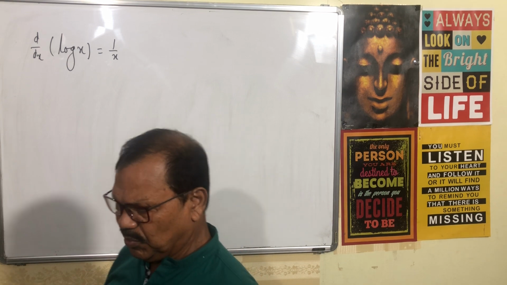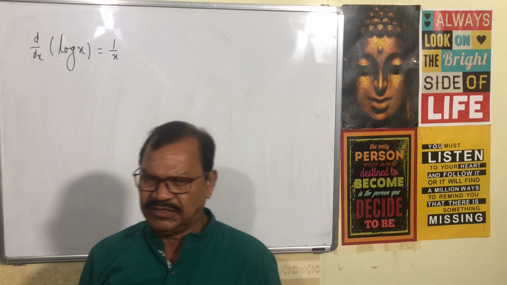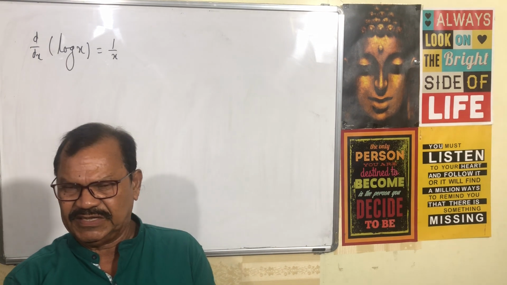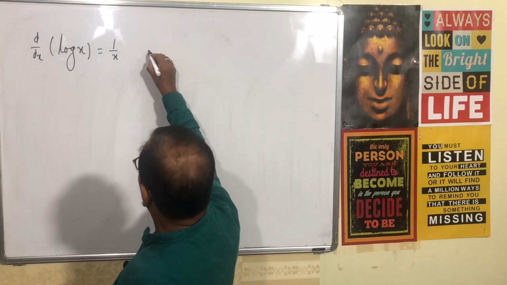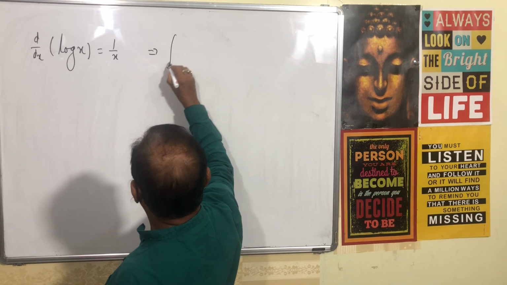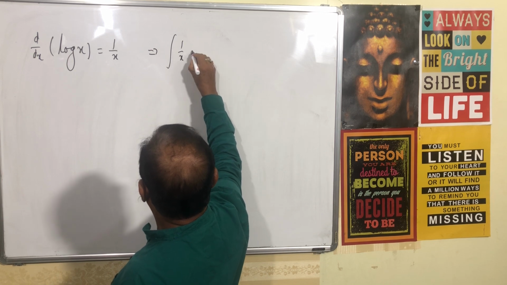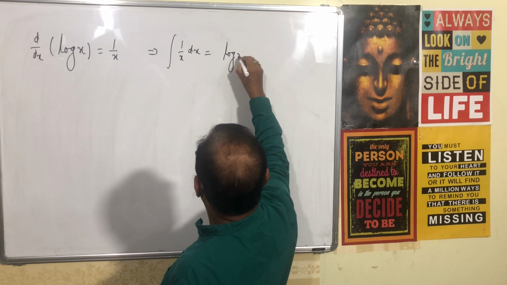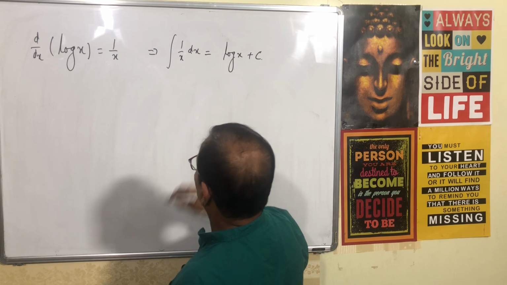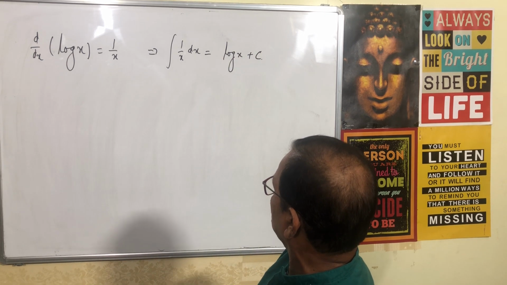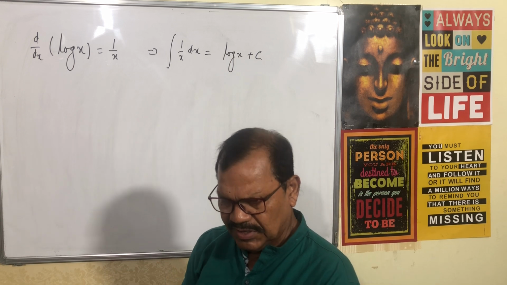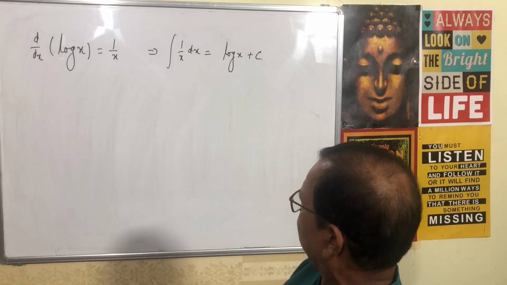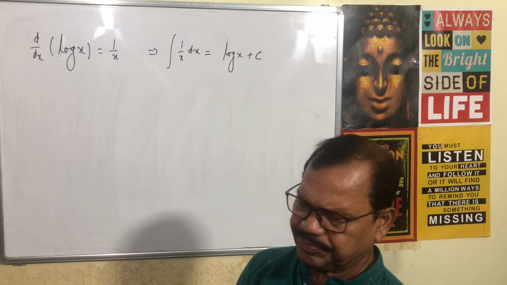Now, as per the rule, integration is the inverse of differentiation. So we shall write, this implies the integral of 1 by x dx is equal to log x plus c, correct. Let us take this problem in practice.